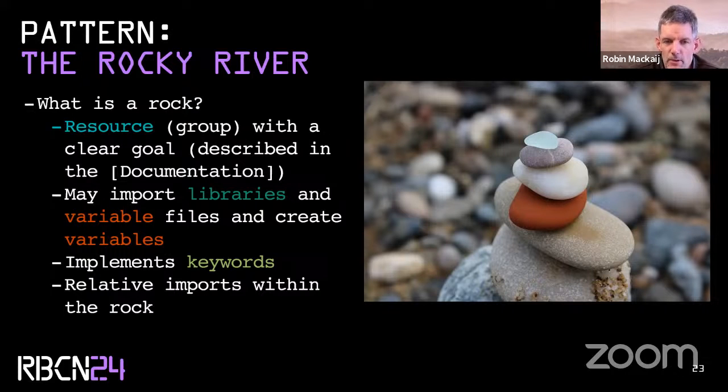What that means is that if you take the top entry point of such a rock, it's probably a folder, you can just move it in your project, and as long as you refer to that entry point, then you're fine. You don't have to update any more relative imports or anything, because they are an entity. They belong together. So in this little rock, we have all the variables, libraries, keywords that it needs to provide the functionality that it clearly defines, that it describes.